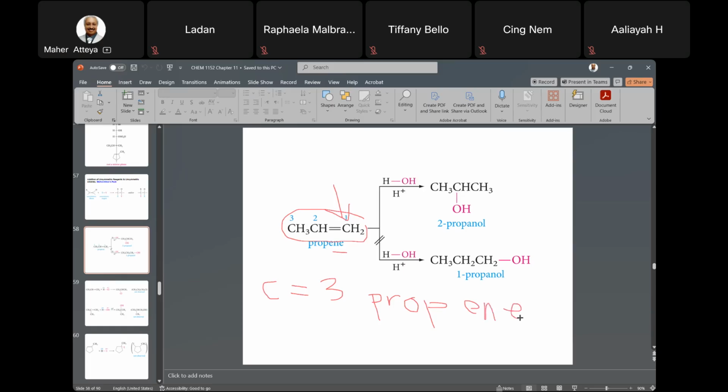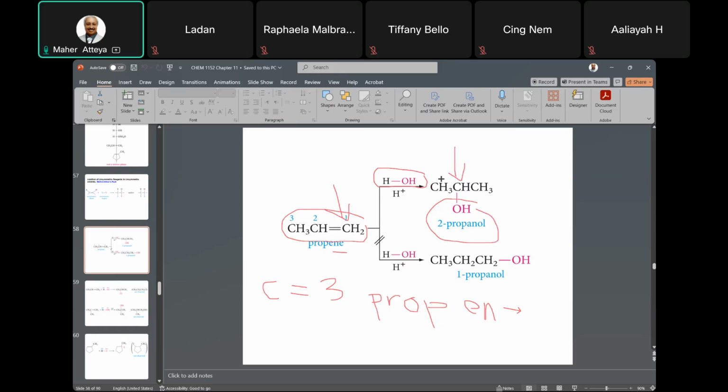So now I can add to this double bond. It will open up and I'll make a single bond. So out of this, I can add H2O, making an alcohol. And the alcohol is preferred to be on this second carbon because it has to do with the mechanism. You don't have to memorize this mechanism.